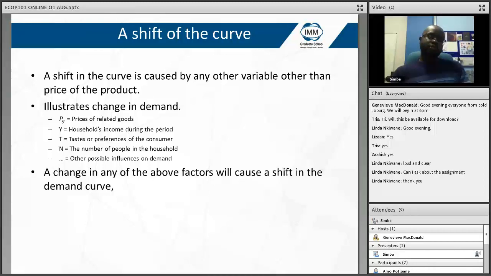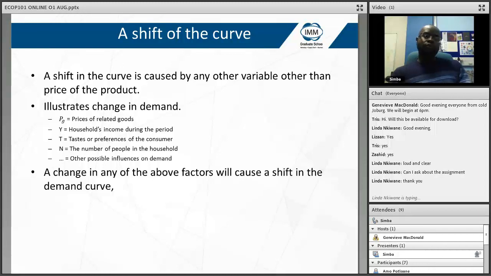Those variables are price of related goods, household's income, tastes and preferences, and the number of people in the household. A change in any of those factors is going to cause a shift in demand, which is a change in demand. When it's a movement, we talk about a change in quantity demanded.